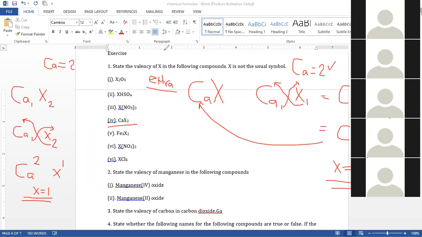Yes, ask. Teacher, like for that case when they ask you to state the valency of a given, let me say X, Y. We are not hearing you well. I don't know why.